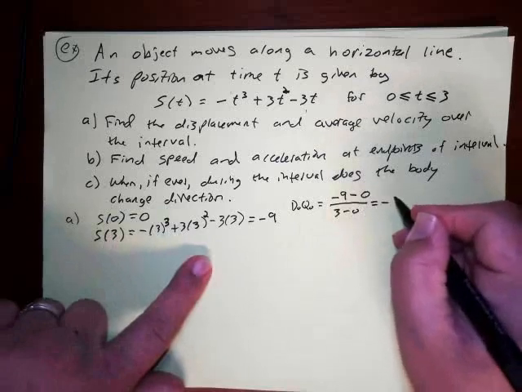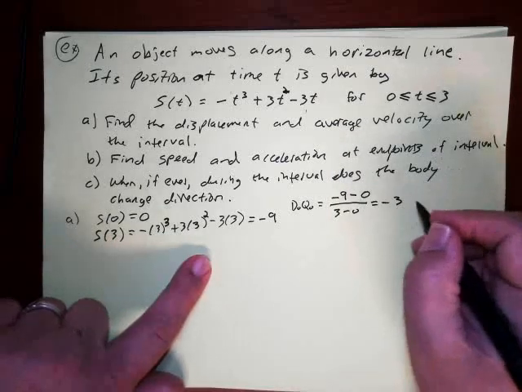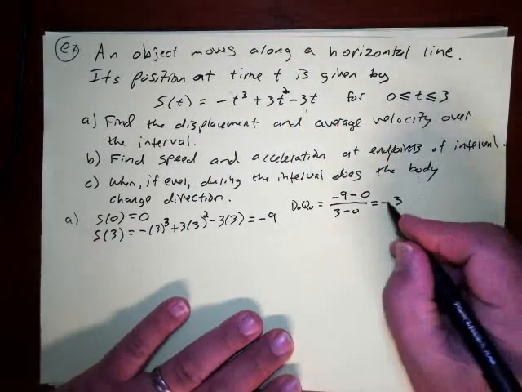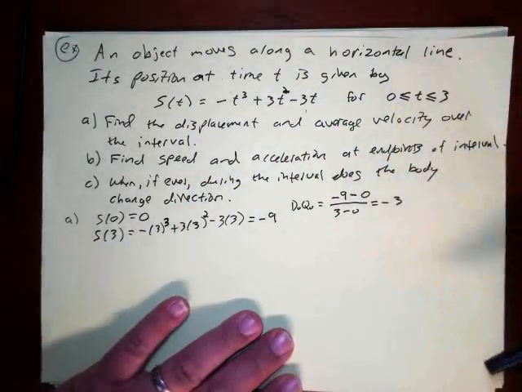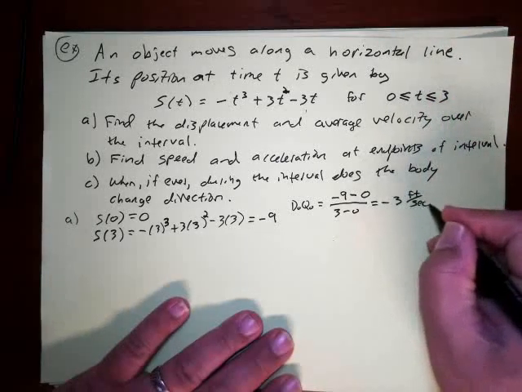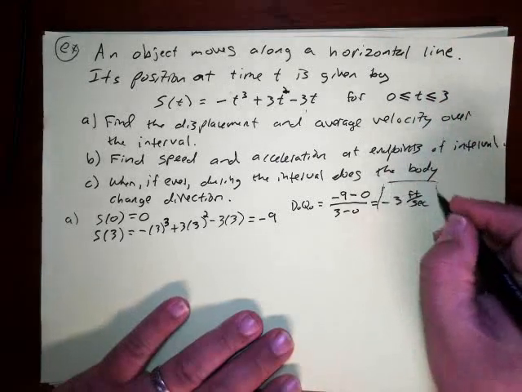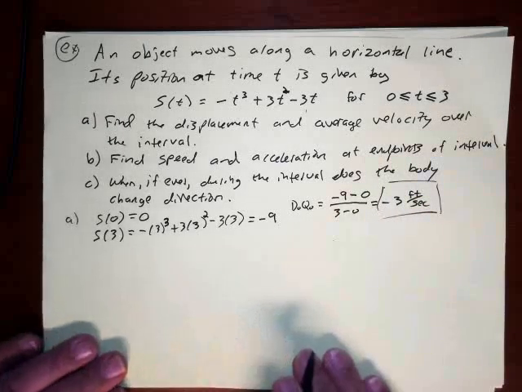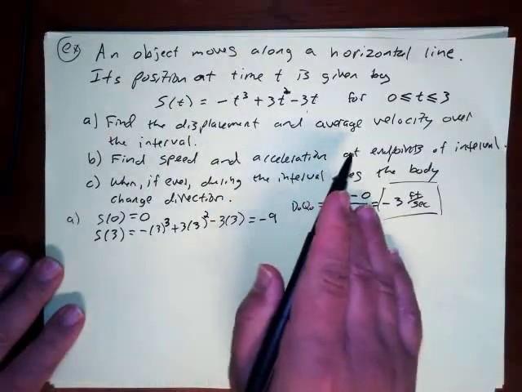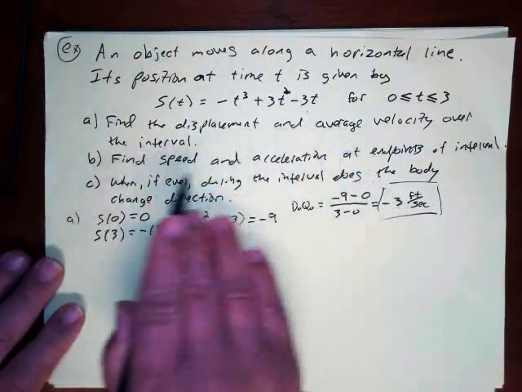So this is negative 3, whatever the units are. Let's say it's given in feet, so we'll say feet per second, just to give it a unit so that we know we're talking about velocity. So it's negative 3 feet per second. That's what this is asking for.